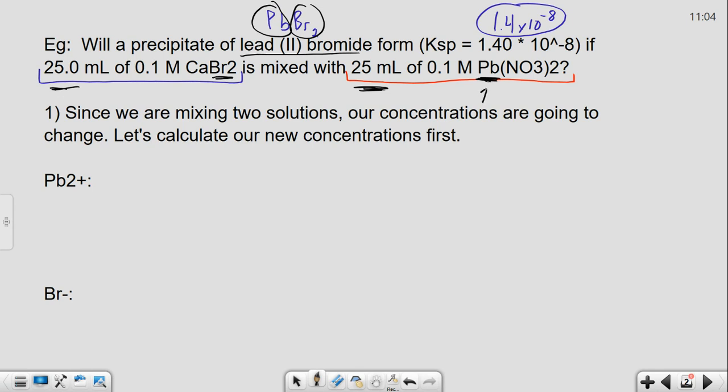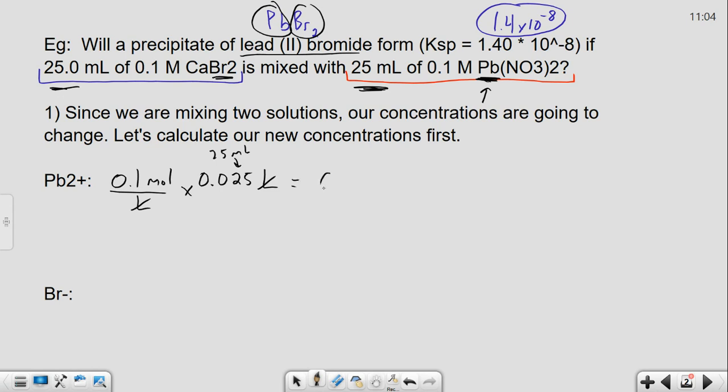So I'm looking over here. I have 0.1 moles per liter. That was the original concentration. I'm going to times this by 25 milliliters. Well, that's liters. I changed my 25 milliliters into liters so I can cancel out my liters.